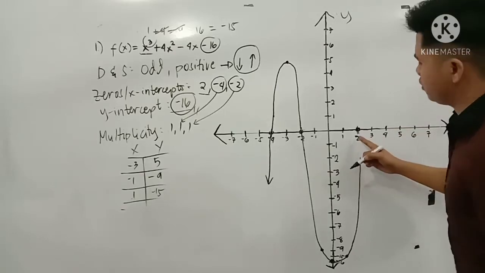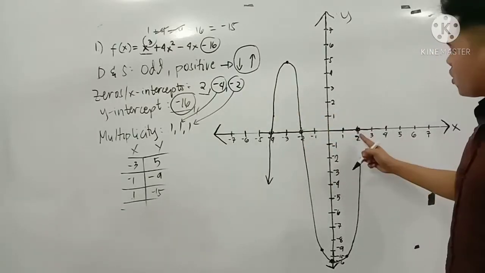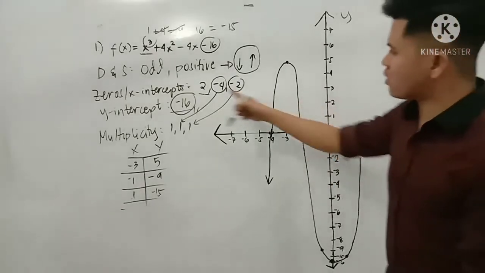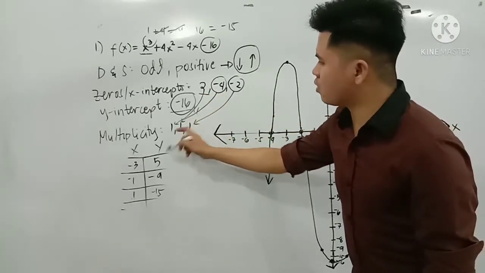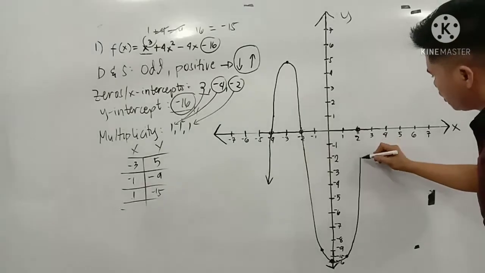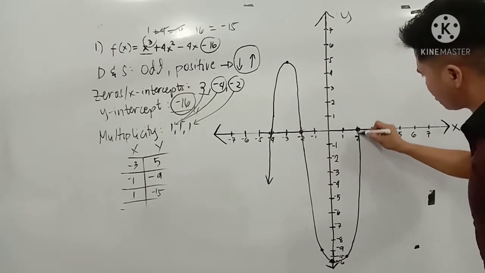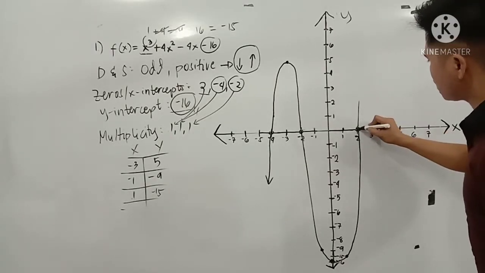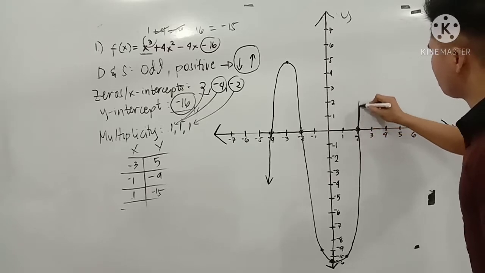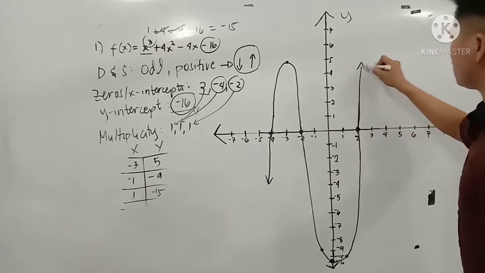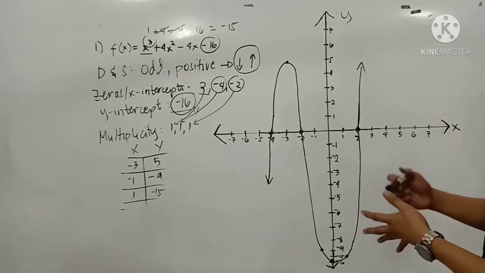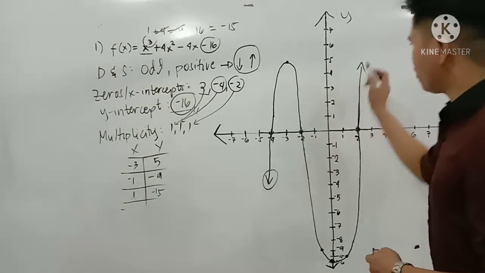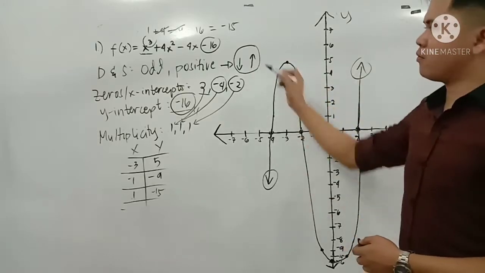And remember, once the graph touches the x-intercept at positive 2, our multiplicity is also 1. So therefore, the graph will pass through that point. And this is the end point of the graph. So simply just write the arrow heads. So look, the end behavior of our graph is correct.